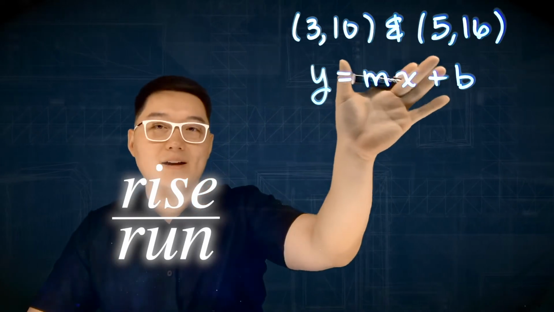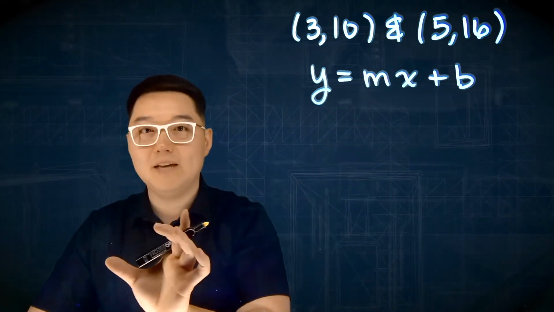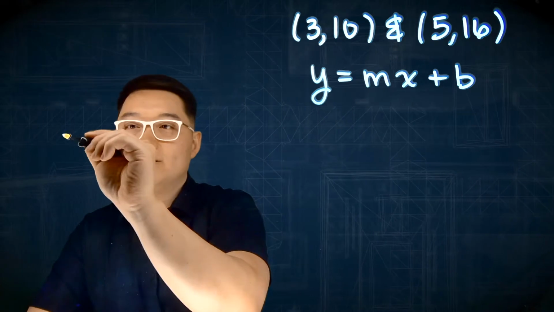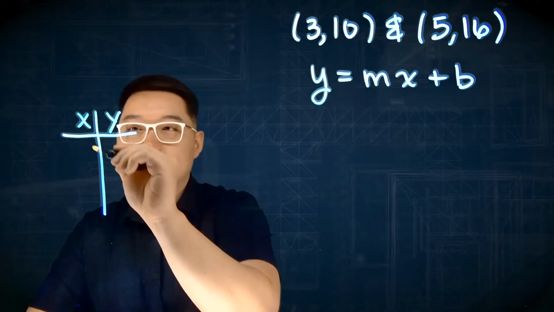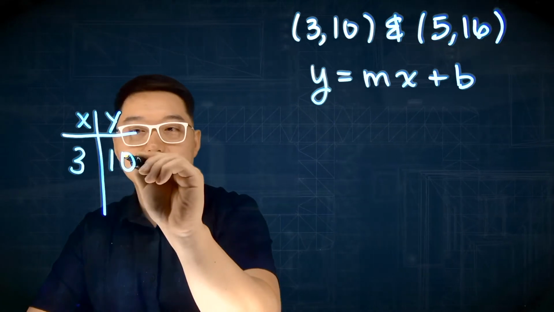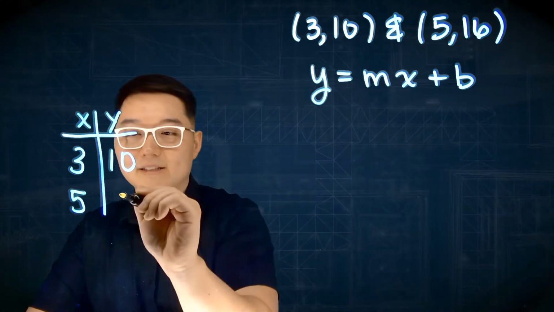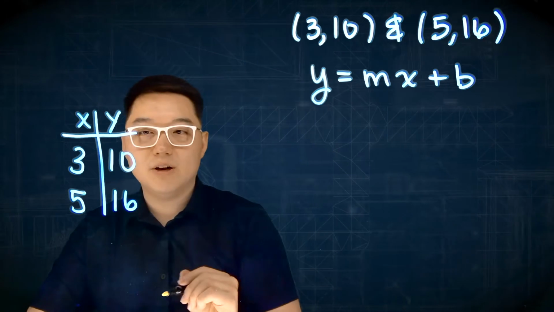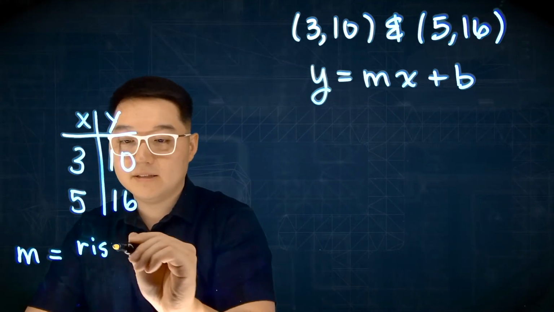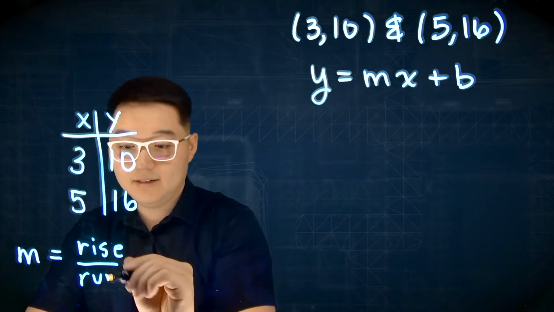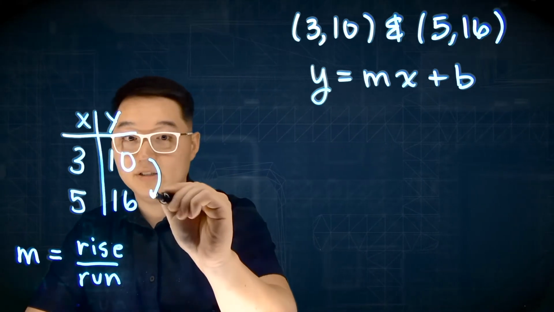Let's go ahead and organize our 2 points in a neat little table. That way, it will help us to see the ratio of the rise over the run. So on day 3, we have $10, and on day 5, we have $16. So since slope is a ratio of rise over run, how much money did you gain?